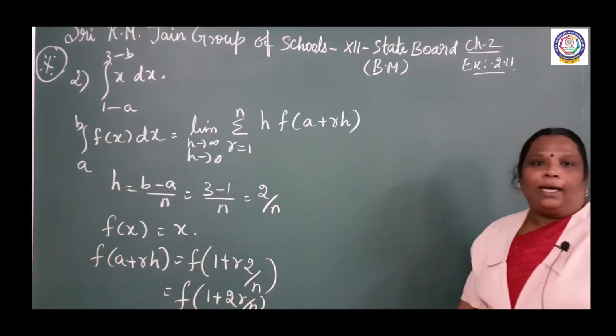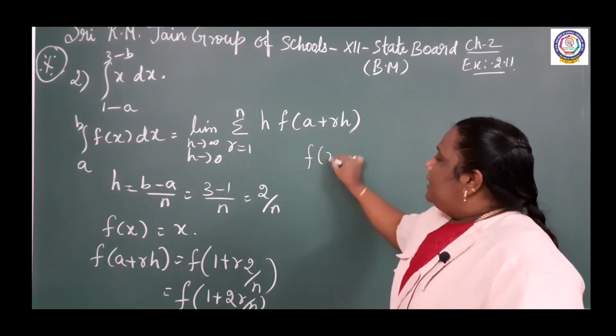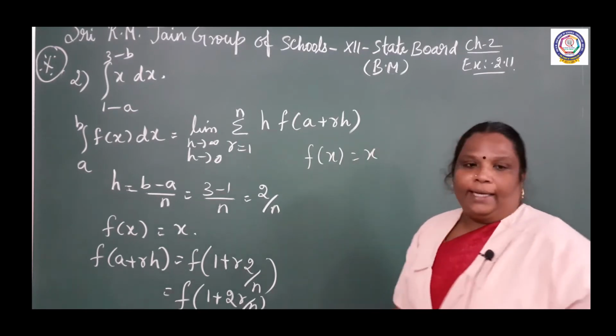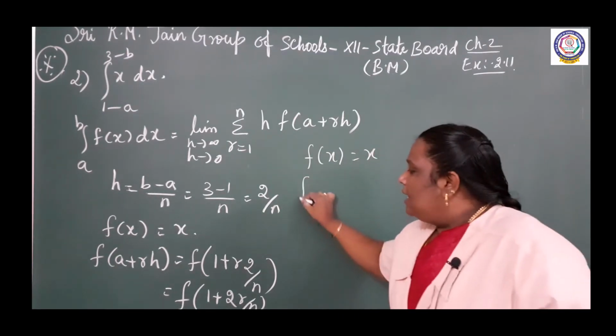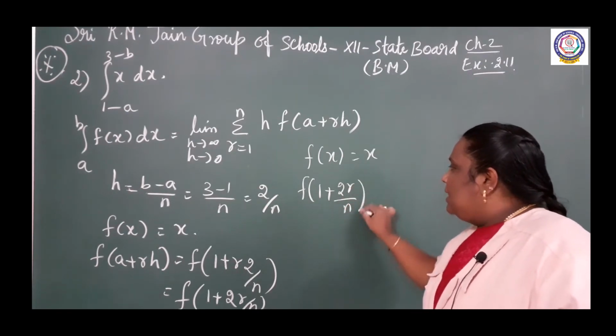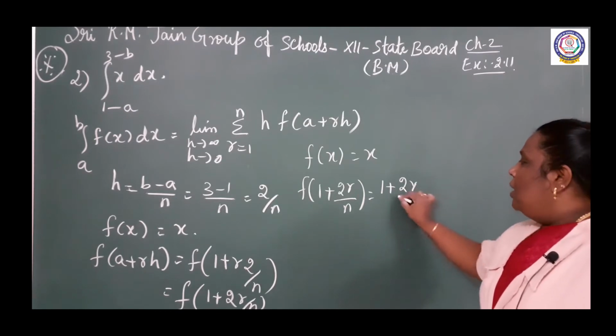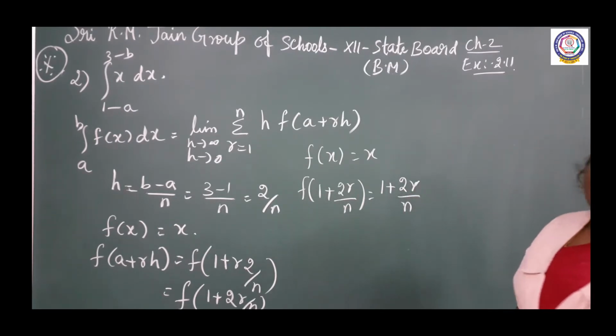So f of x equal to x, f of (1 plus 2r by n) equal to, in the place of x, 1 plus 2r by n.